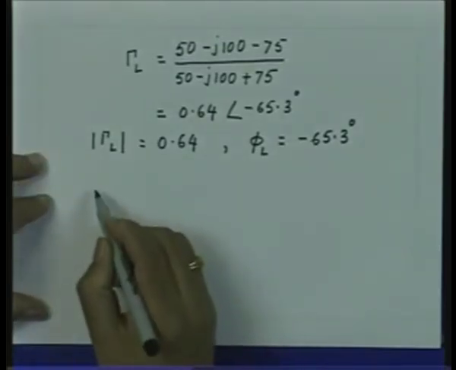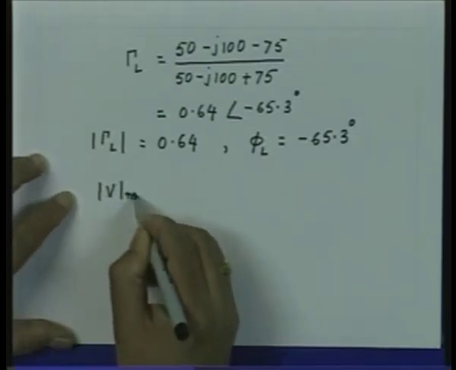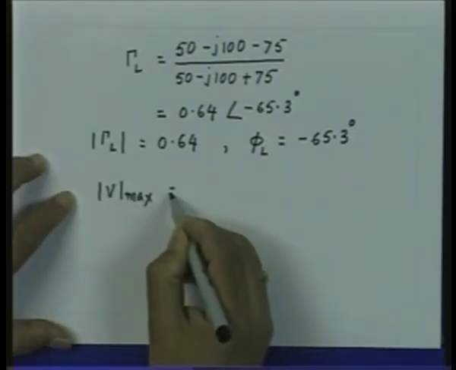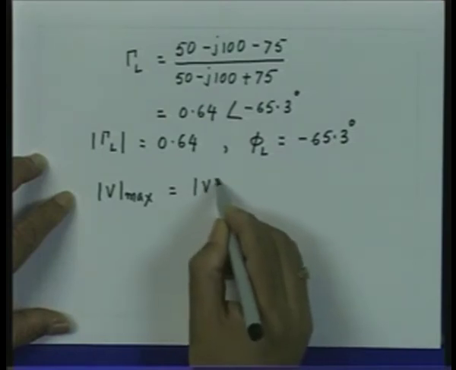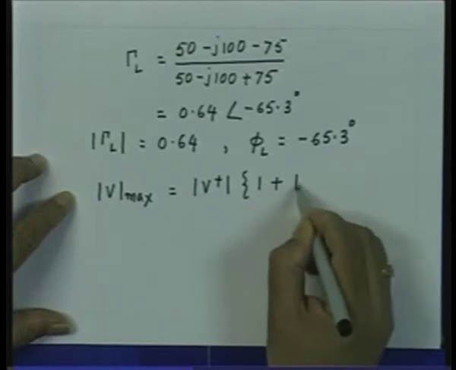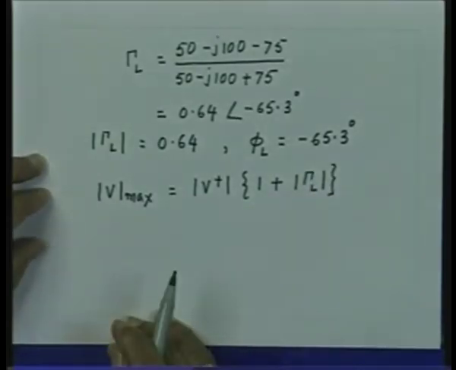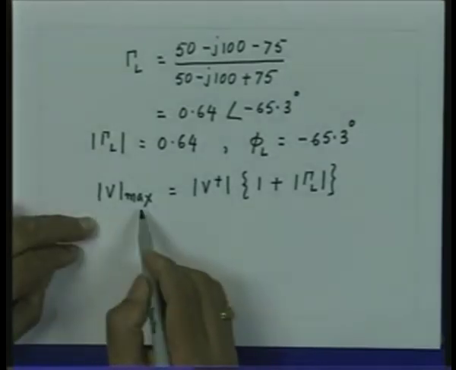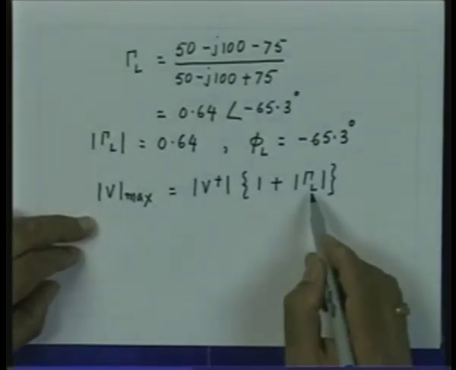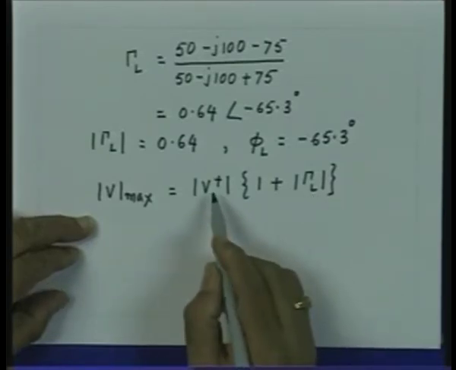The maximum voltage on the line, mod V max, is equal to mod V plus into 1 plus mod gamma L. We are given V max, which is 100 volts, and we now know the modulus of the reflection coefficient, so we can find the magnitude of the incident wave.